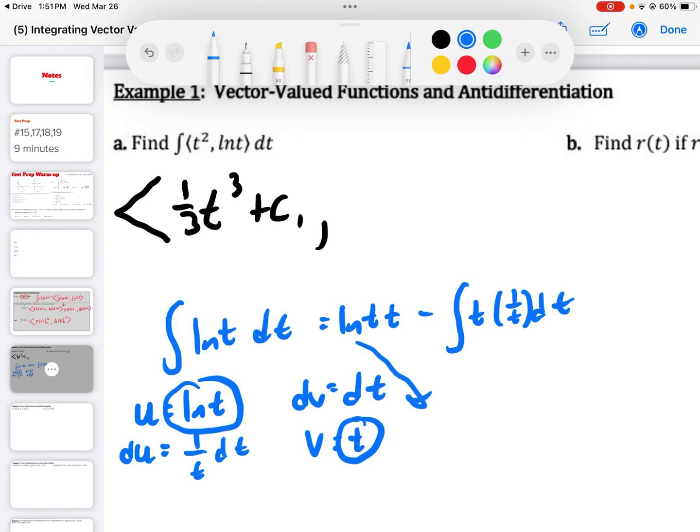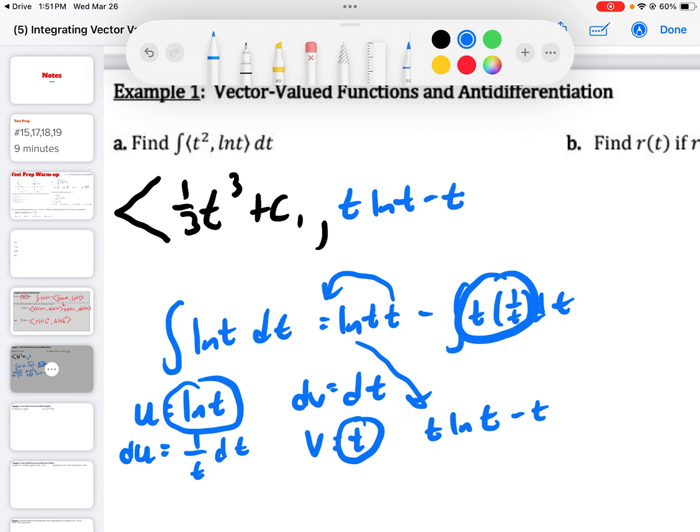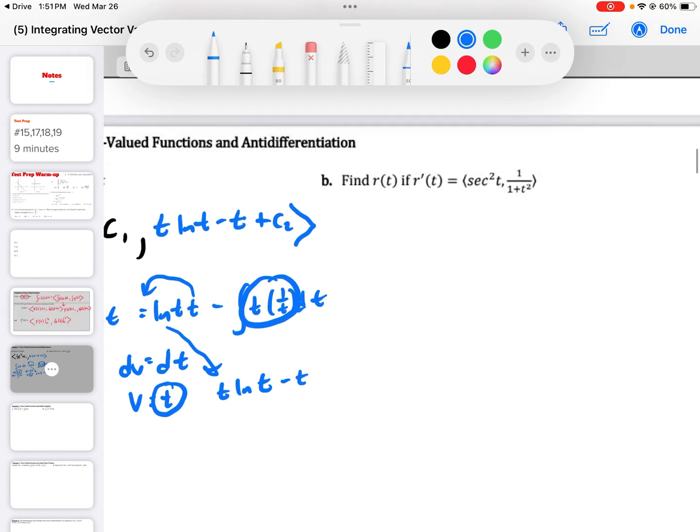So carrying this down, I'm going to write this as t natural log of t, just put that in front. The antiderivative of 1 with respect to t is just t. So the antiderivative there would be t natural log of t minus t plus c2. And that would be the antiderivative.